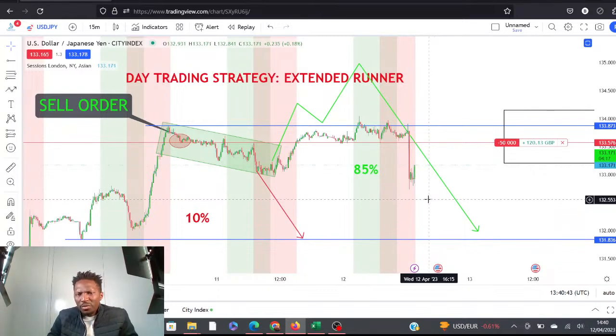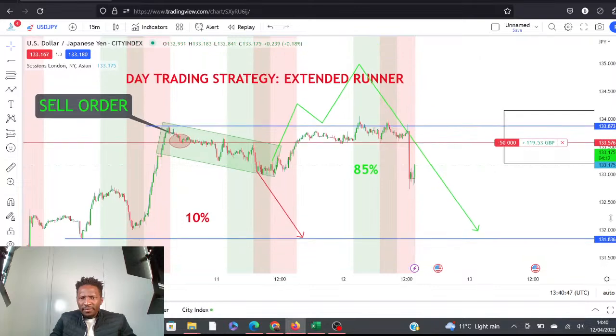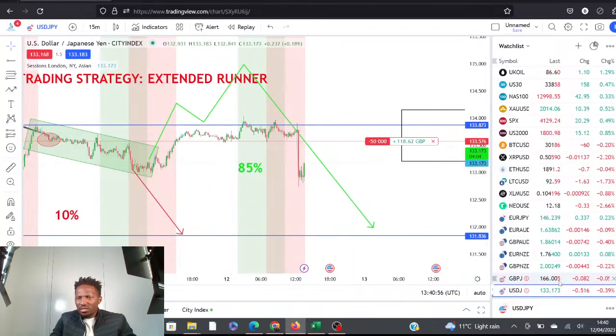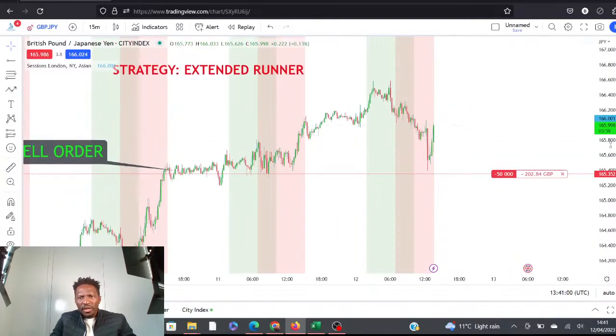We're seeing a slight pullback on the dollar yen. That's probably the reason why the pound yen is heading back up, but I'm hoping this is just a pullback.